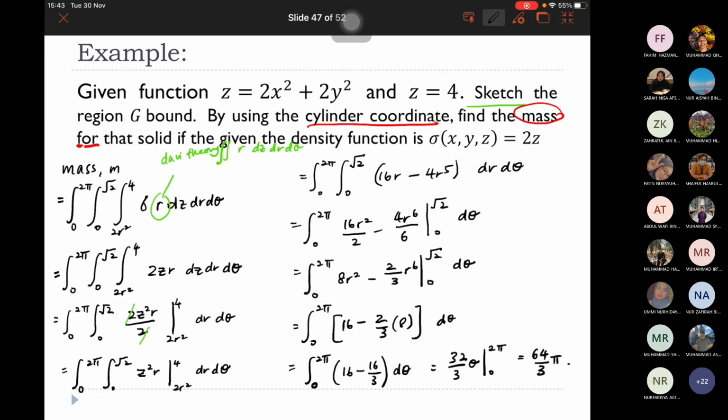So itu adalah dia punya mass of this solid. Okay. This is the mass of the solid.